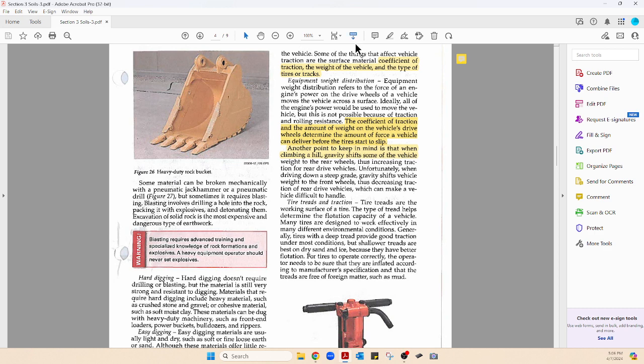Now, I don't know whether these guys were just trying to throw a big word in there, but a coefficient of traction. A coefficient of anything, which you will learn in soil when you start learning about the coefficient of curvature, the coefficient of uniformity. These are factors used in calculations, found to be effective over time.